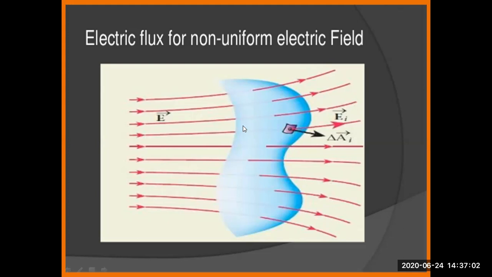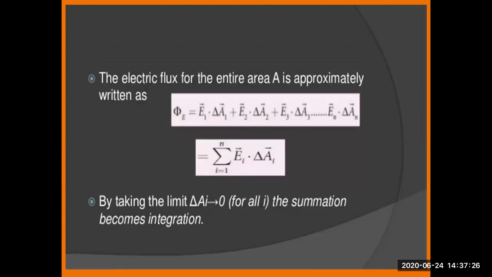Those pieces are almost parallel, rectangular, just like over here, where one area is shown. When you divide all these, you will have to calculate the flux through these small areas, and at the end you will add all these fluxes, and you will get the net amount of flux. So this will be done just like this: electric flux.